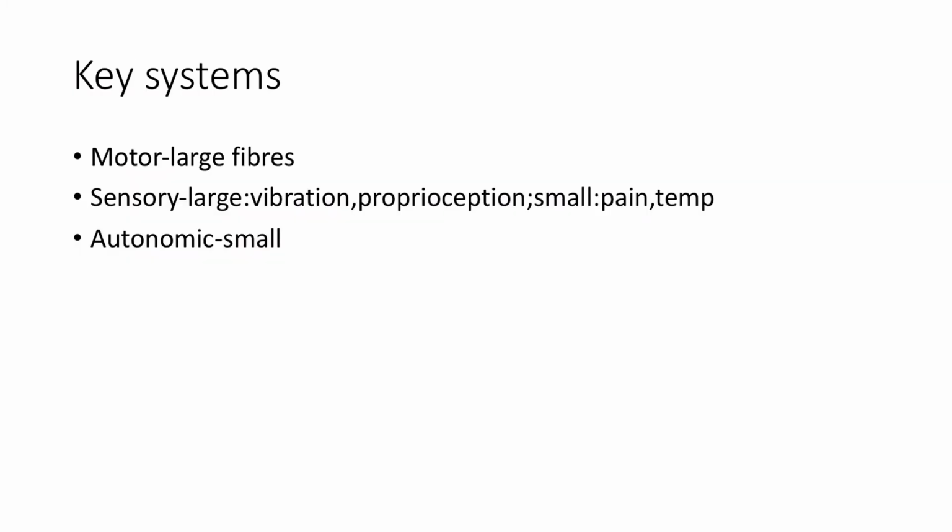Now, this was what we revisited in the previous case. We said that there are basically three systems which can be affected by peripheral neuropathy: the motor system, the sensory system, and the autonomic system. And this is based on the Erlanger-Gasser classification of the nerve fibers, which we know as A, B, and C, right?